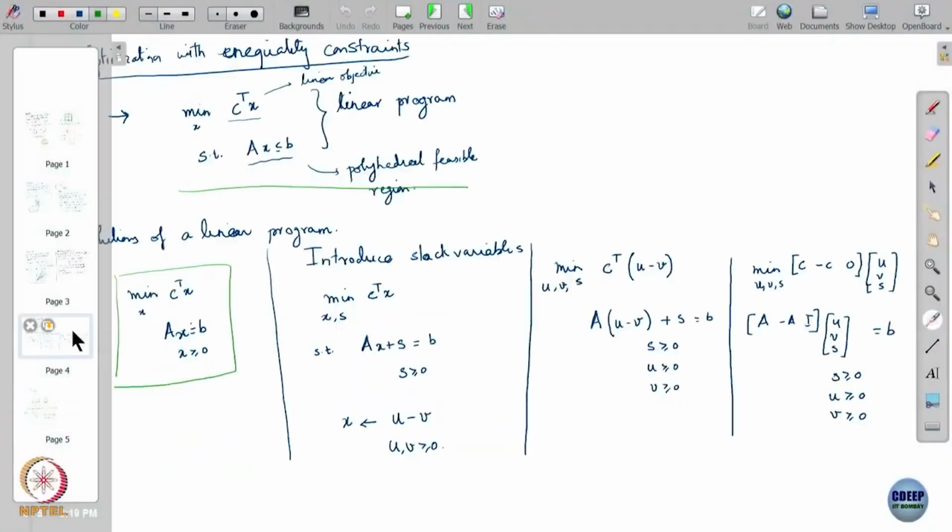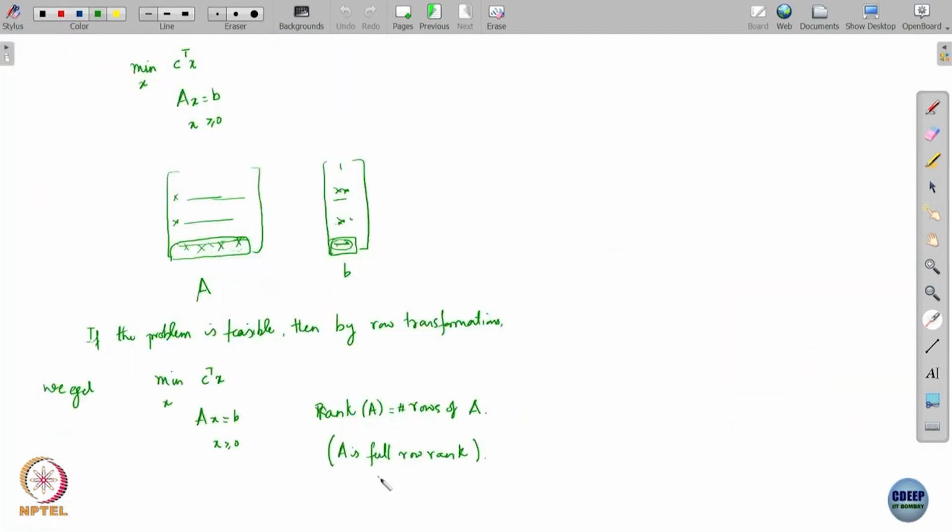This A is no more the same A that you started with. The A we started with is this. The A we ended up with is this sort of A, and this may have linearly dependent rows. So, the question I asked was, is it possible to make this problem even more specific? Can you say something more?